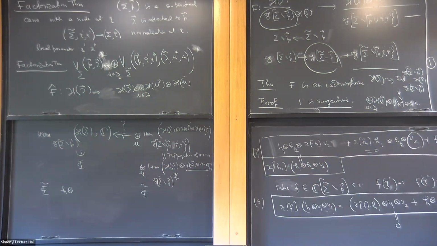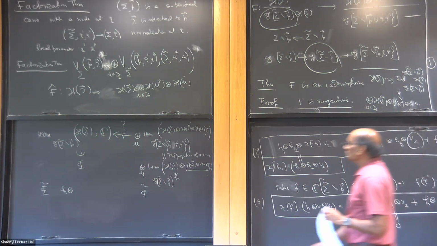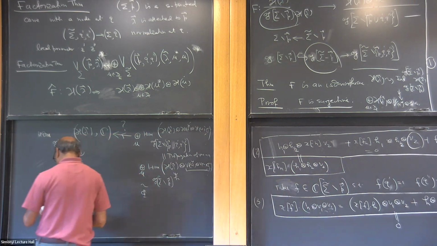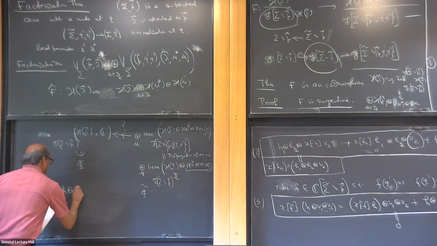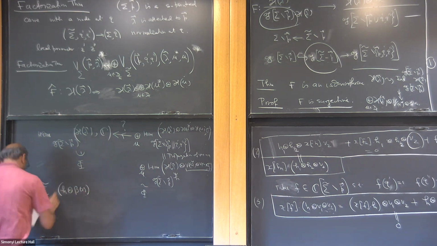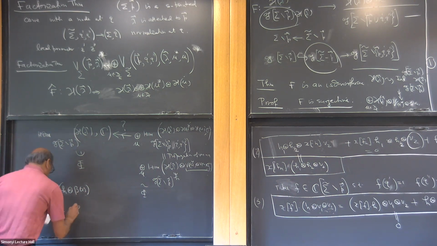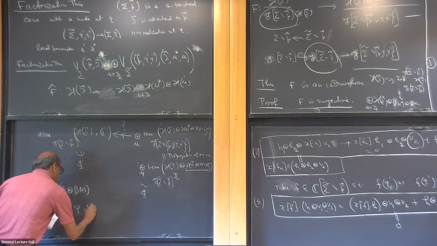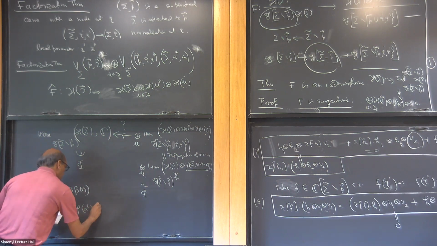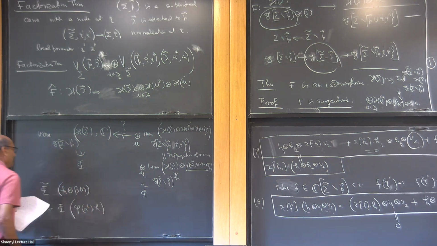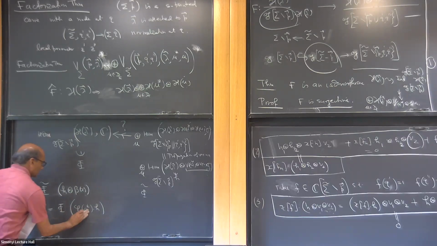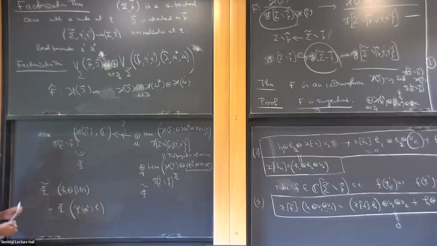So let's take H tensor beta of X, and I am going to define this to be phi of, okay, I have to explain this notation. So this is what I'm going to define.